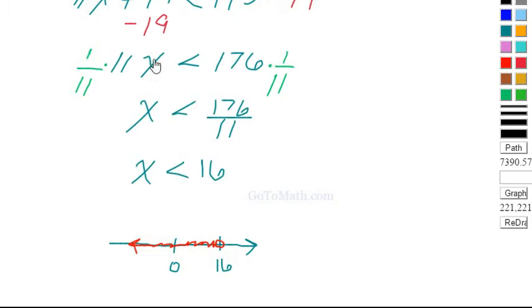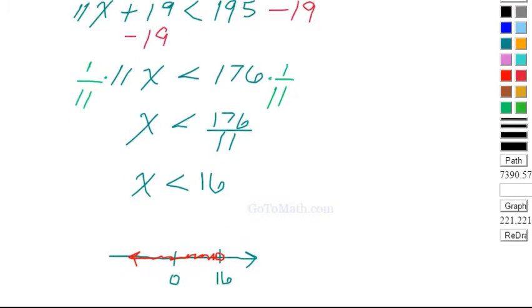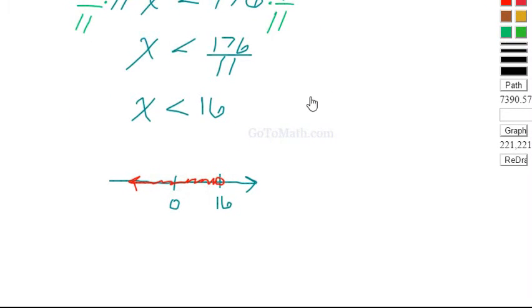We can always go up to the top and check that. An easy one is 0. If I plug 0 in up here, this ends up being 19, which is less than 195, so that's true. Another way of writing this, I'll just do right down here.